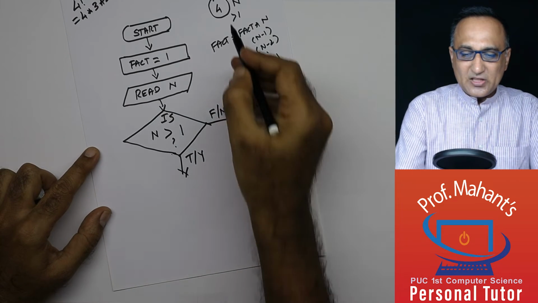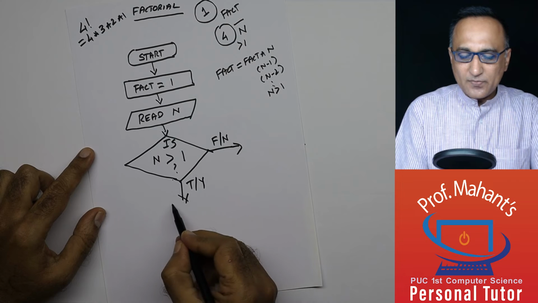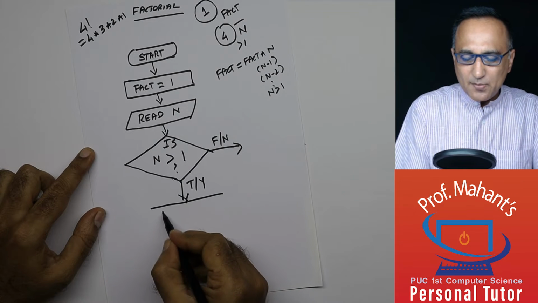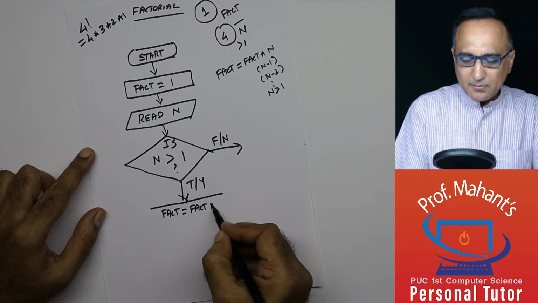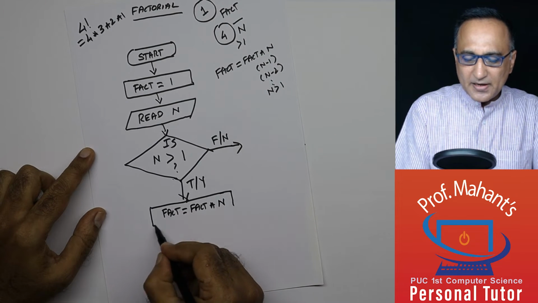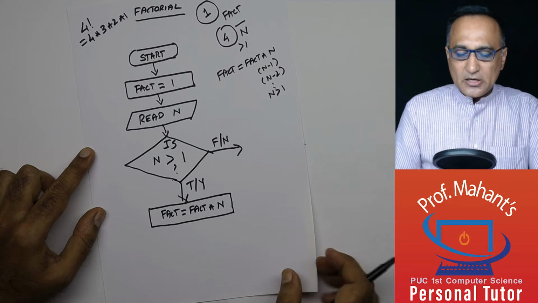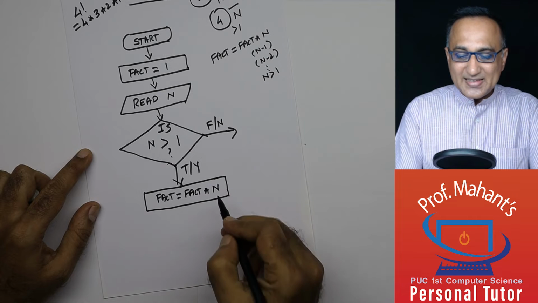Now let us say the value is 4. 4 definitely is greater than 1. So what I am going to do here is say fact is fact multiplied by n. I am multiplying it with the number. Now next time I need to multiply fact with 1 less than n.